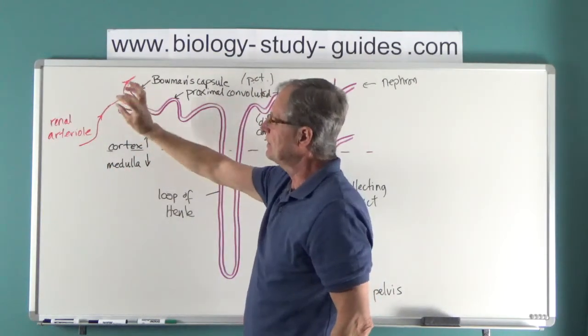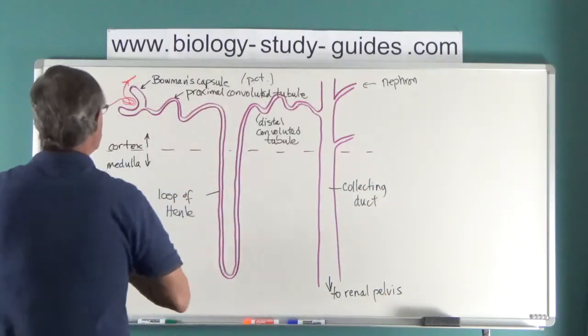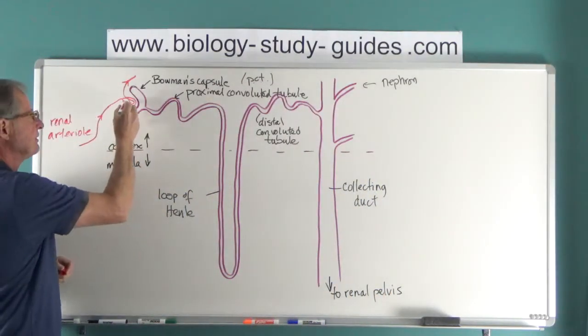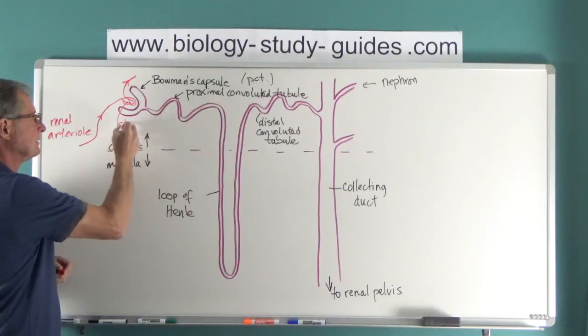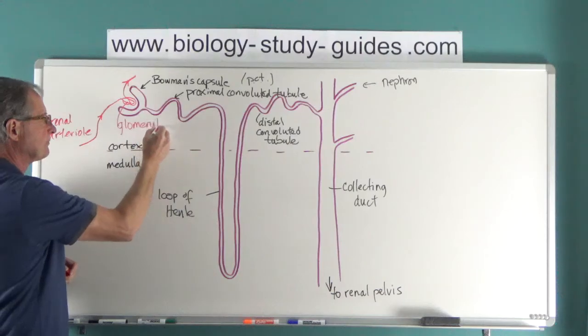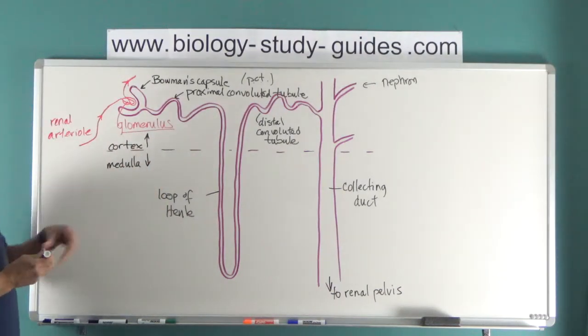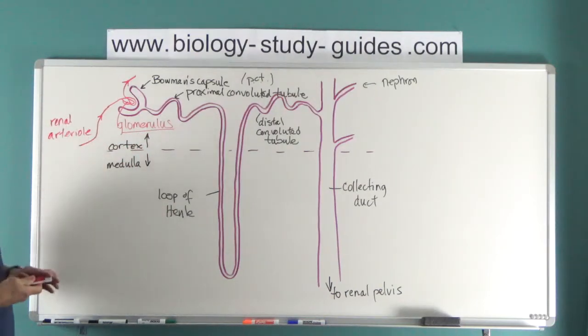And this thing actually surrounds that. So the structure in here has its own name. This is a glomerulus. Glomerulus. Obviously be glomeruli if we're talking about more than one.